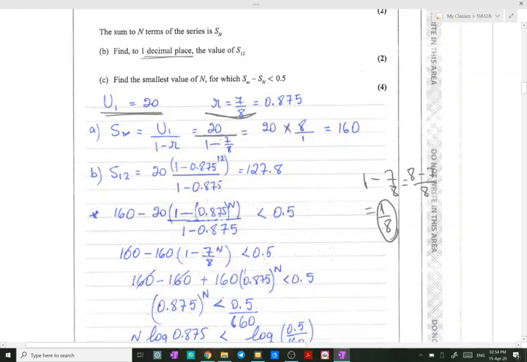S12 is equal to 20, which is the first term, times 1 minus 0.875, which is the value of R, to the 12, over 1 minus 0.875, which is the value of R, equals, if you plug this into your calculator, you would get 127.8.